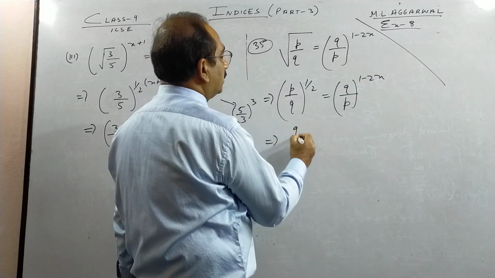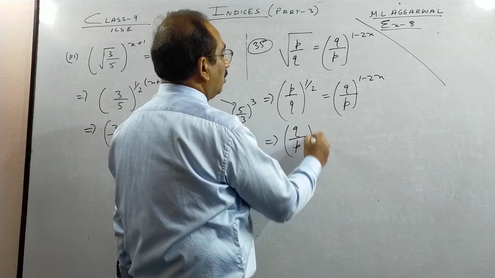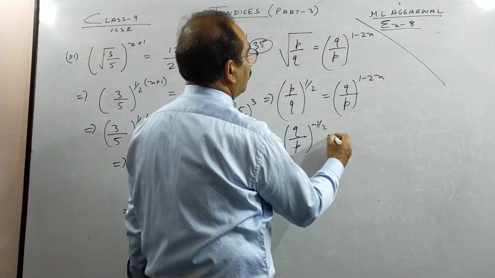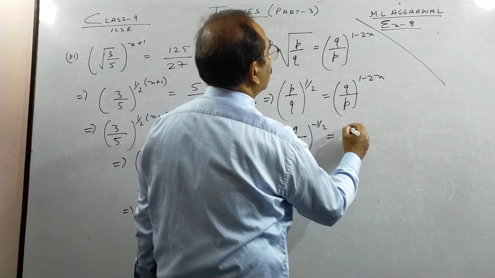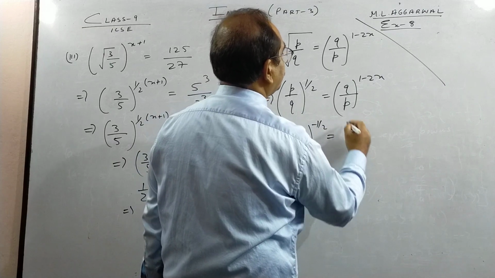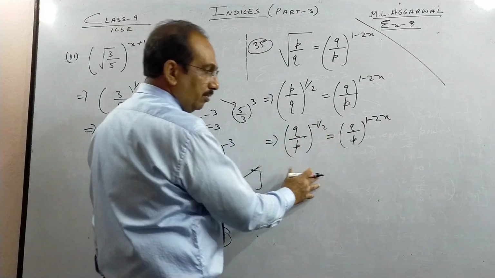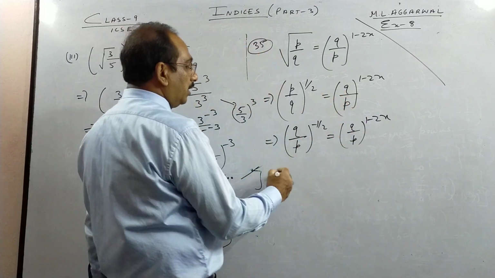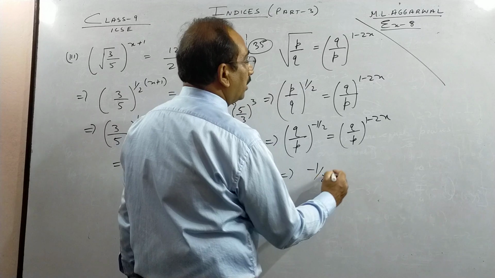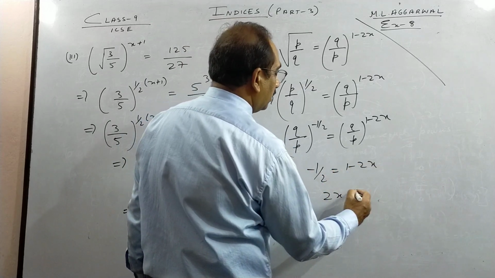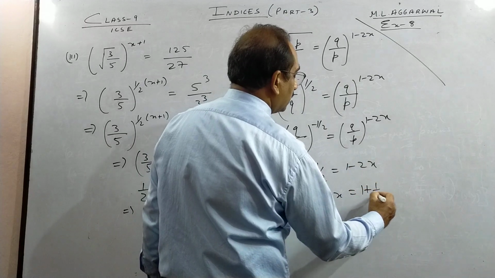I'm showing you I'm changing this side, the order. P by q becomes q by p, so the power becomes minus half. I could have done this side also, q by p is 1 minus 2x. Same logic: when bases are equal, what was written here, you write again, powers are equal. So minus half is 1 minus 2x, 2x comes this side, minus half becomes plus there.